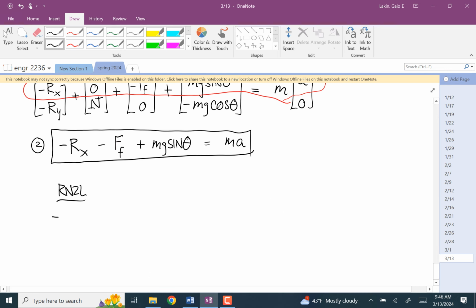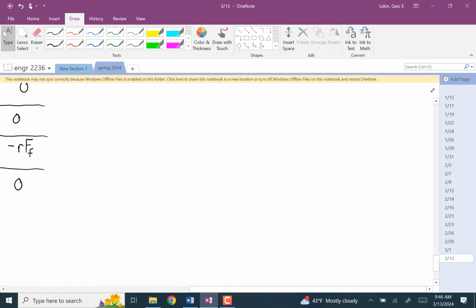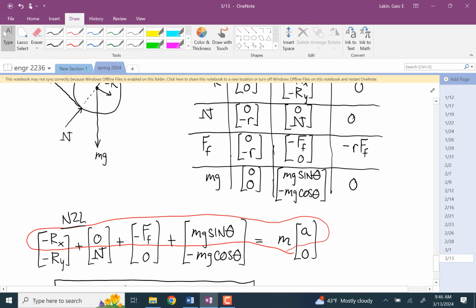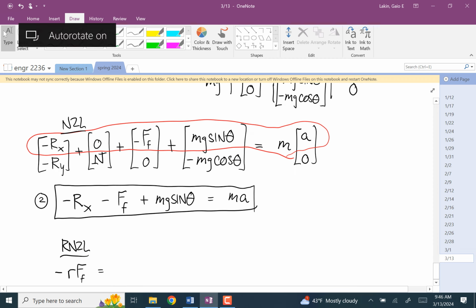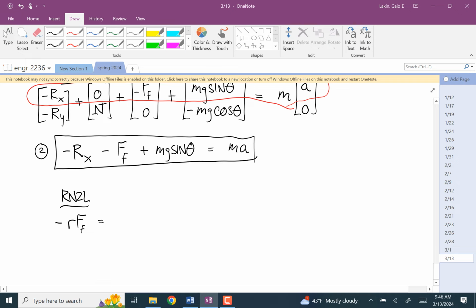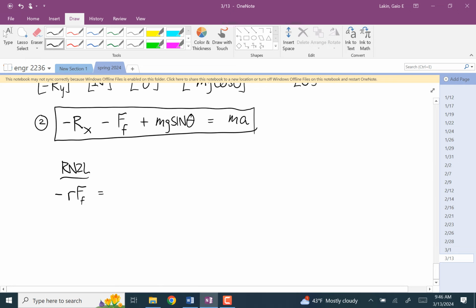All we have is negative r Ff is equal to the mass moment of inertia, which is c m r squared, times alpha. And so this is our third equation.